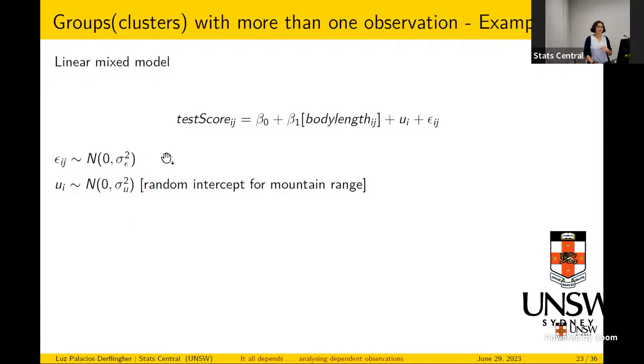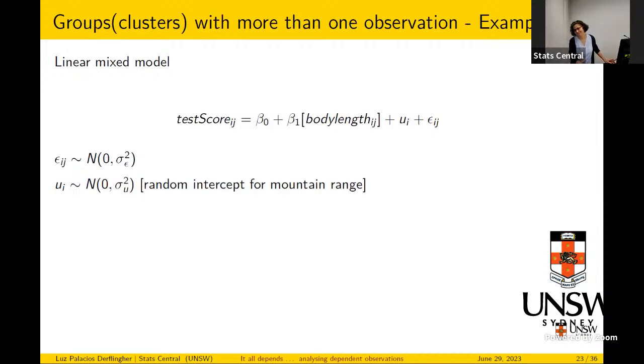If we were to include it as a fixed effect, then we would have to estimate 7 beta coefficients. Sometimes you have 100 groups or 50 groups; if it's a fixed effect, you would need to estimate the number of groups minus 1. So there are several reasons why we would like to have this as a random intercept rather than as a fixed effect.